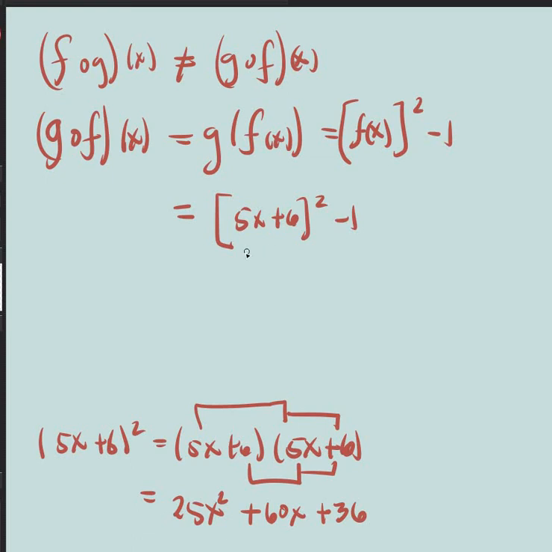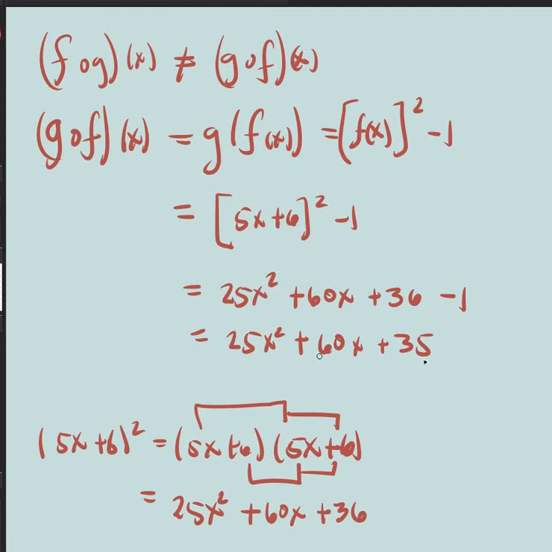So here we got 25x squared plus 60x plus 36 minus 1, right? Because this thing is this product here. So minus 1, the answer is going to be 25x squared plus 60x plus 35.